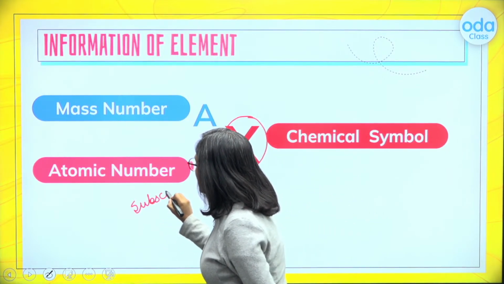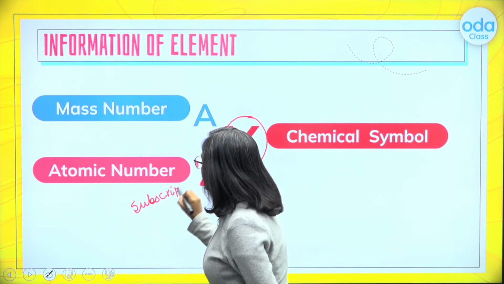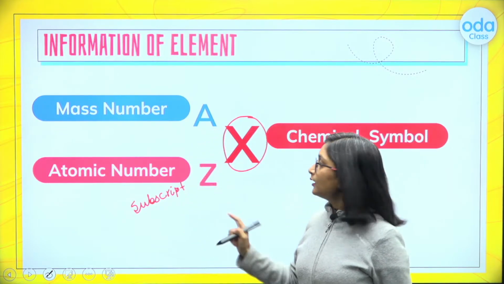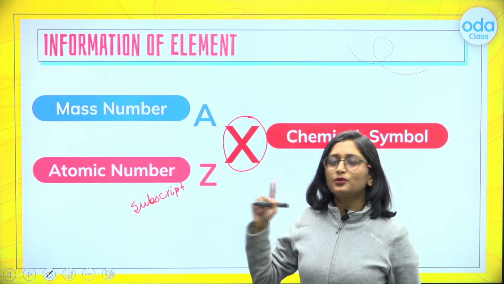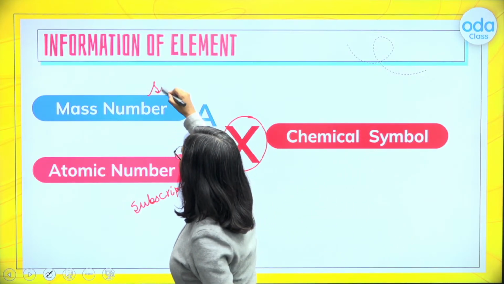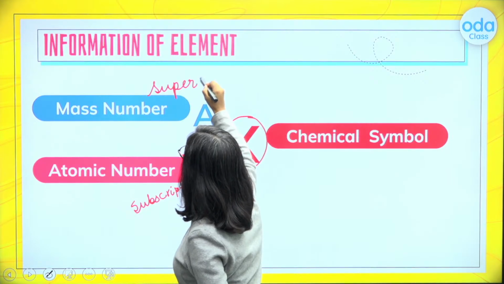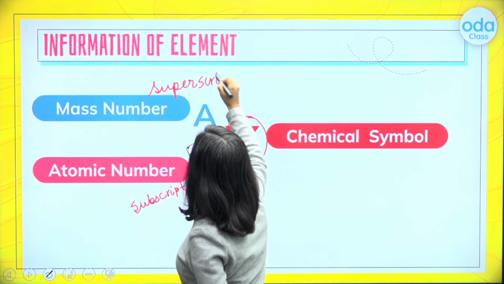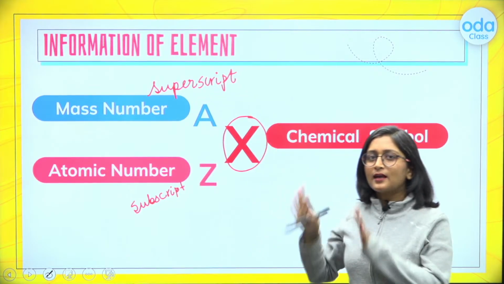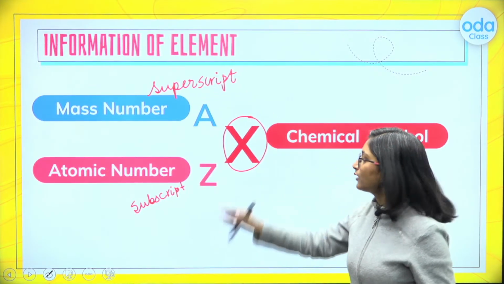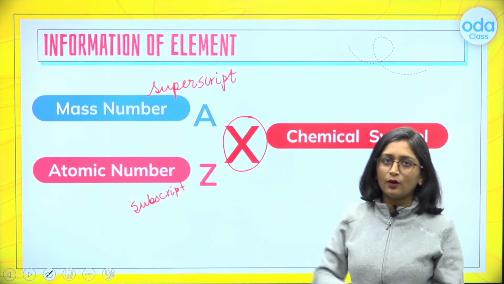Subscript will always be at the left side, below the element, right? And the mass number would be represented as the superscript, right? Above, kind of. So it will be a superscript. Got it? You can now do the placement: where Z should be, where A should be.